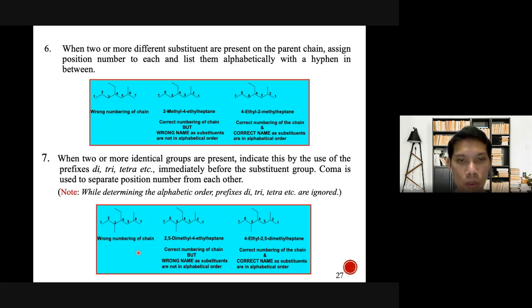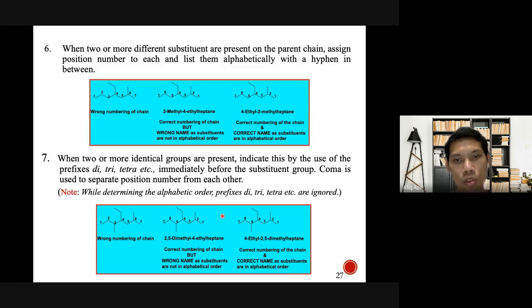For example, on this structure, you have 1, 2, 3, 4, 5, 6, 7. So this is the longest chain of 7. But then for the substituents, you have one methyl group over here, and this one is an ethyl group CH3, CH2, and this is also a methyl group CH3. So there are 2 methyl groups present and 1 ethyl group.